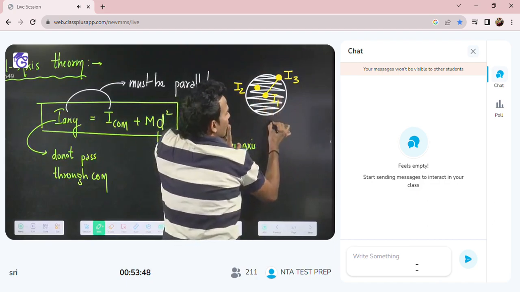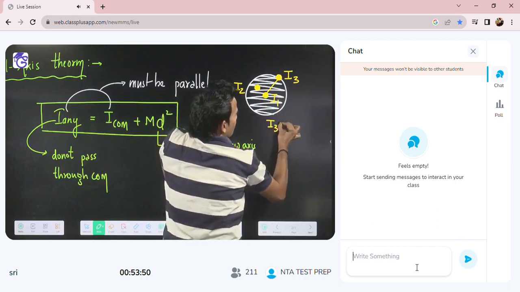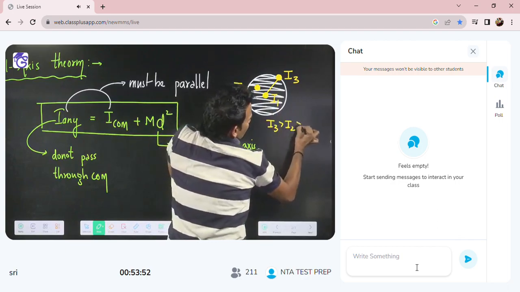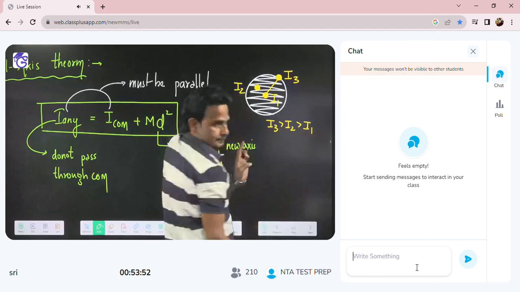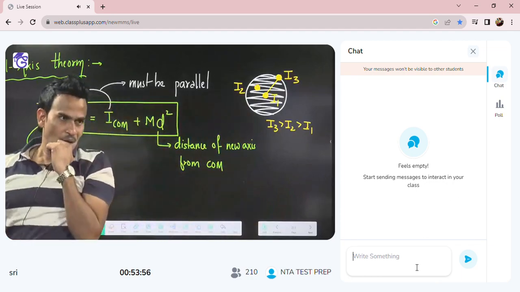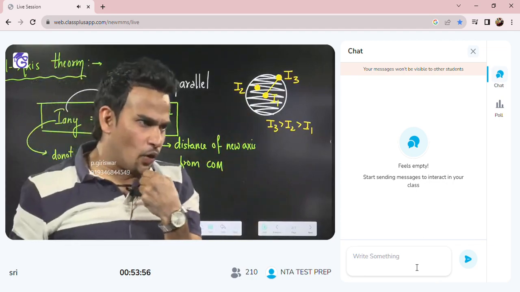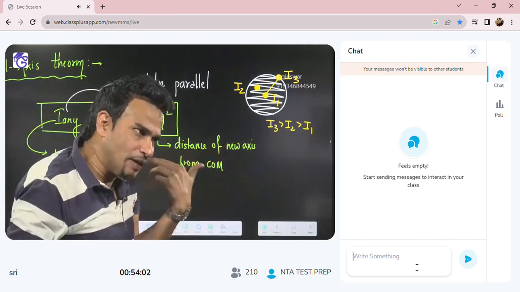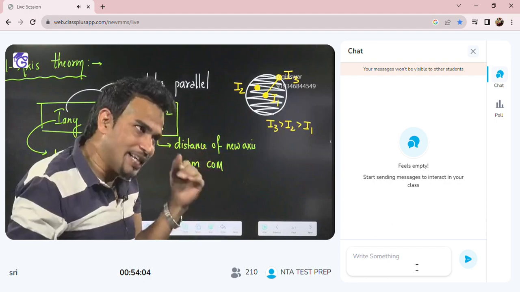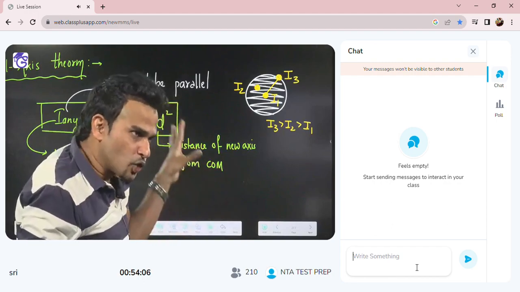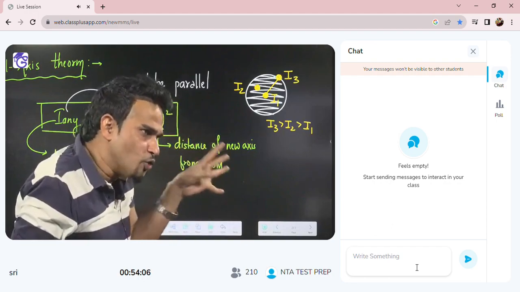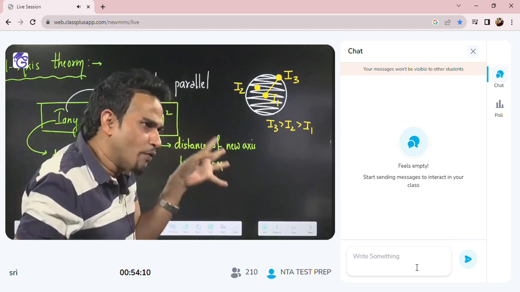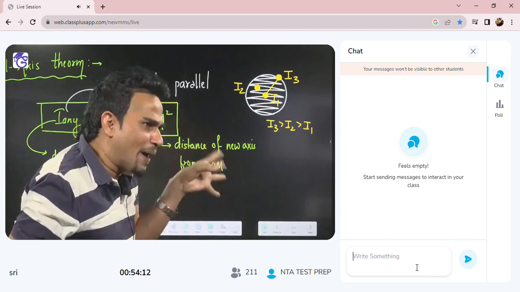So here we will get I3 maximum, then I2, and minimum will be I1. This is the order. I1 passing through center, d will be 0, moment of inertia will be minimum. I3 has maximum distance, so moment of inertia will be maximum. So this is how without values also you can compare which will be more, which will be less with the help of parallel axis theorem.